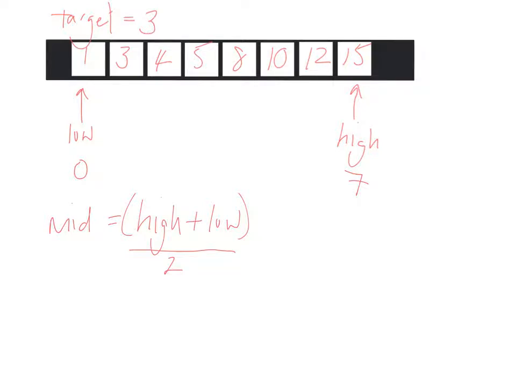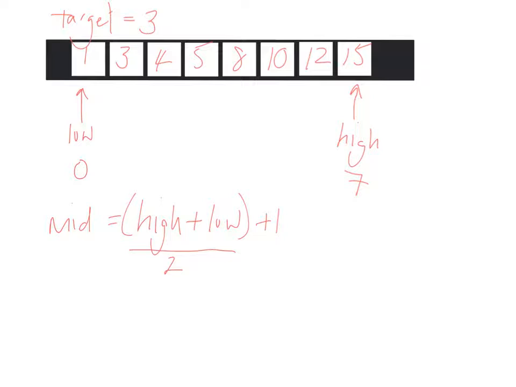Dividing that by 2 gives you 3.5, but you can't have a 3.5 index because that would be somewhere here, and that would return an error. So you have to round it down or round it up. So the way that I write the algorithm is I always add 1 to the calculation, sorry. So we have 7 plus 0 plus 1, that gives you 8. Dividing that by 2 gives you 4, and this is index position 4.